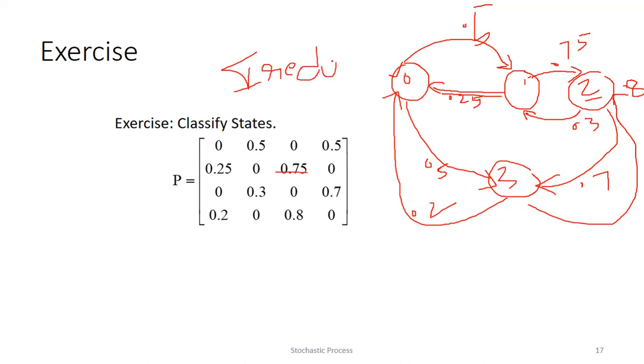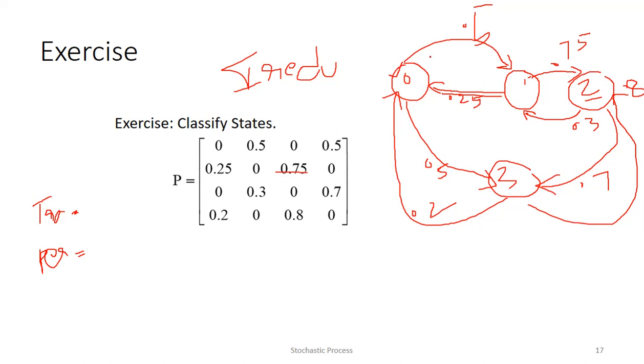Now we can check for transient or persistent. Now I am checking the 0 class.